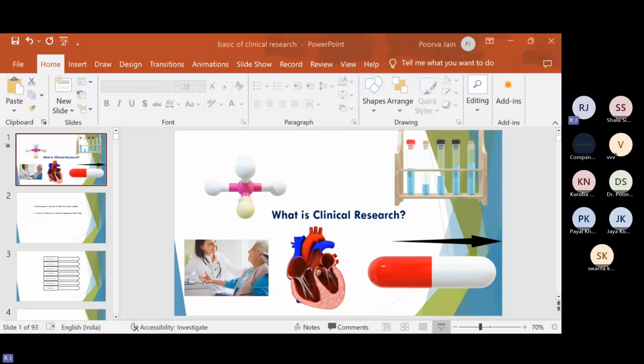Now, the third stage is lead generation and refinement. In lead generation and refinement, we try to create many molecules which target this target. You would have heard the term high throughput screening.